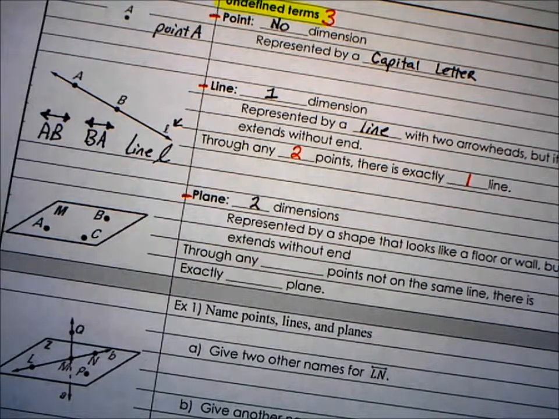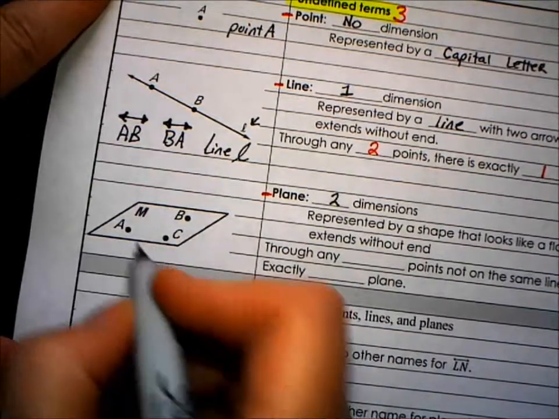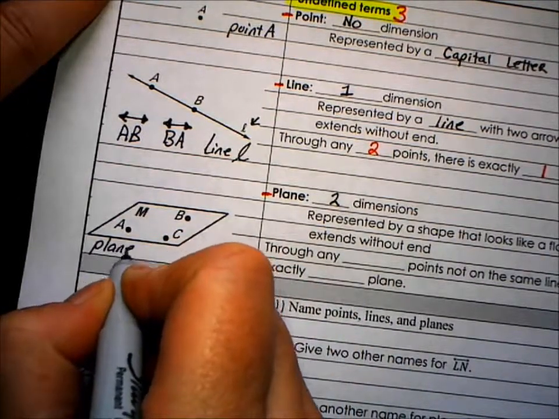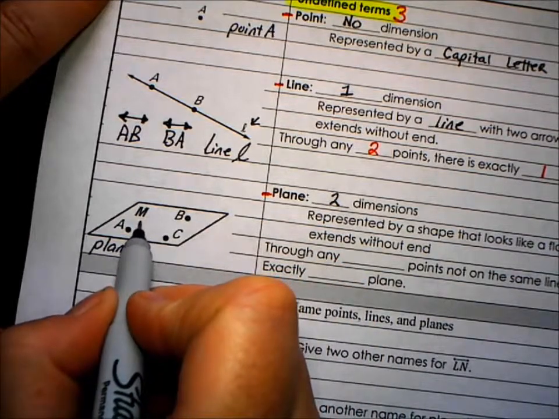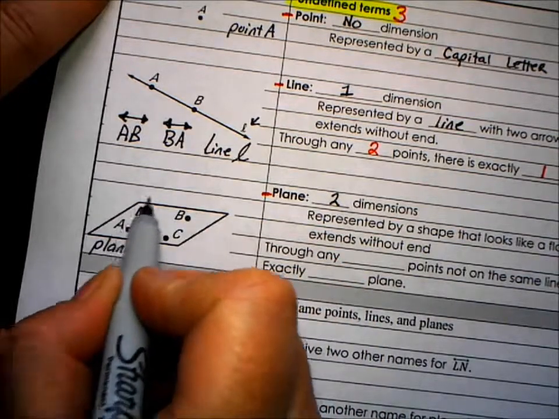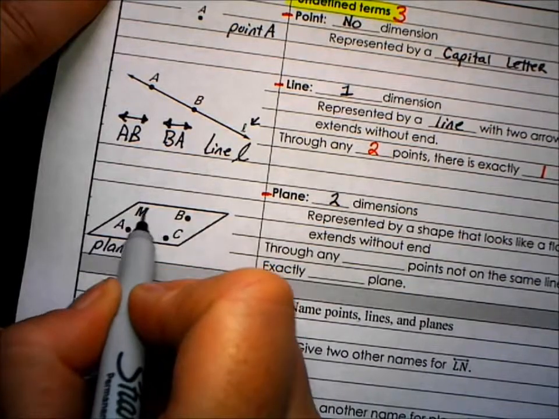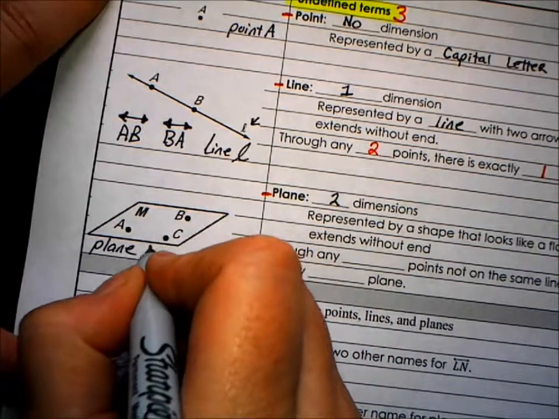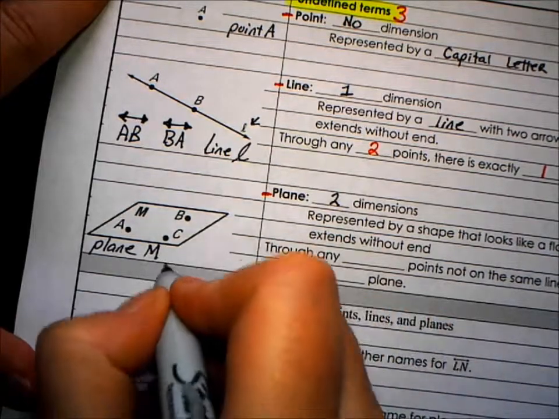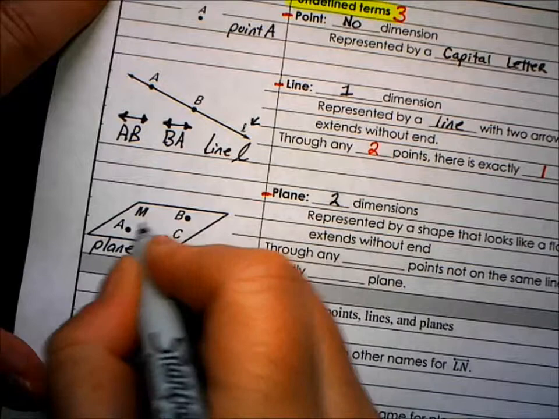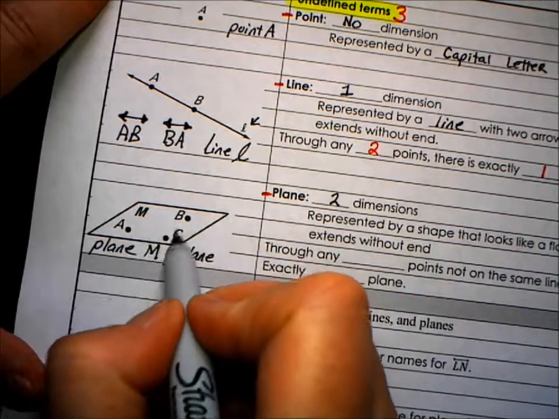Alright, to name this, let me put it over here to the side. You can say that this is a plane. And notice here in the corner there's a capital bold M, and it's in the corner of the plane. It is a capital, and there's not a dot anywhere near it. So that means this is actually labeled plane M. Or this could be plane, and you'll use 3 letters of points that are inside the plane.